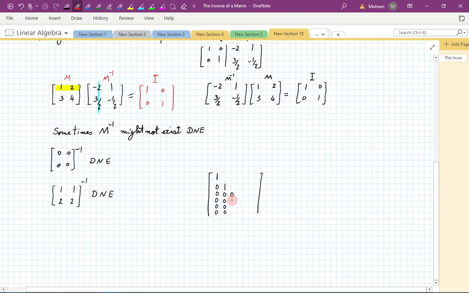What if these are all zeros and the entry on the diagonal is also 0?